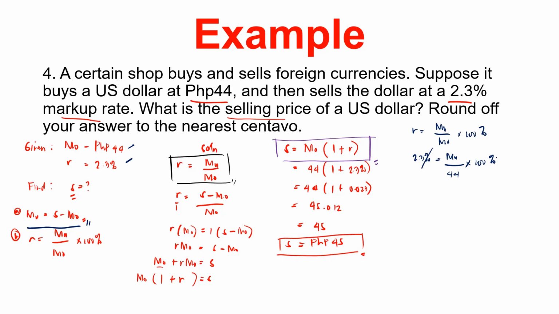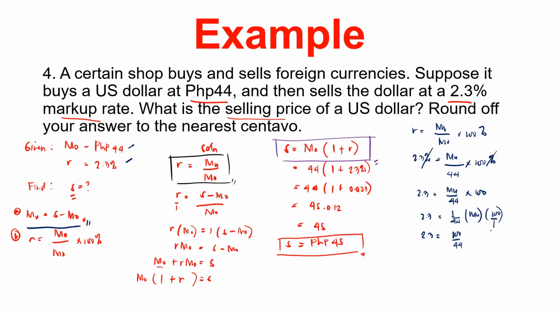So cancel nyo si percent parehas. So you will have 2.3 is equal to markup over 44 times 100. Since your 2.3 is equal to 1 over 44 times markup times 100. Bakit ko hiniwalay si markup? Kasi kailangan natin siyang i-equate sa markup. So, kailangan matanggal lahat ng numerical coefficient ni markup. So, we have 2.3 is equal to 100 over 44. Pinagsama ko na si 1 over 44 tsaka si 100.